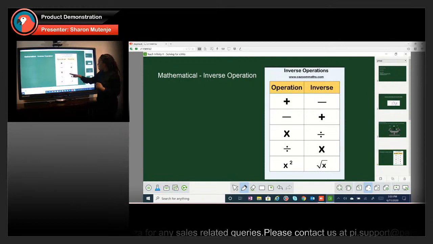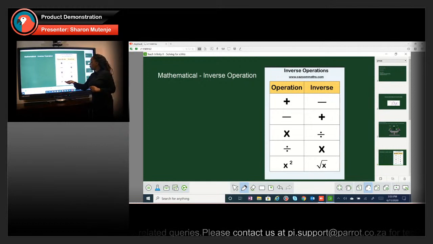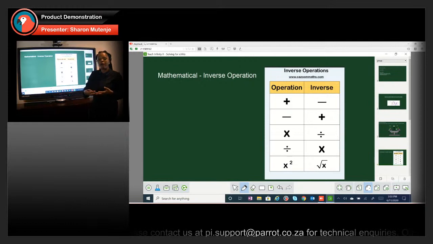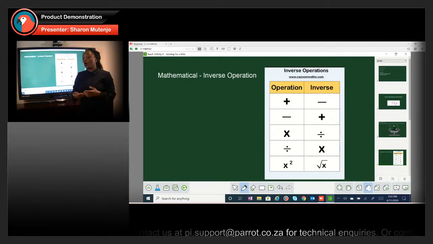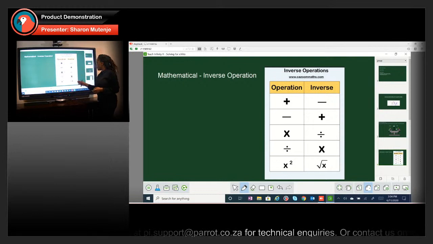Vice versa, the operation division, its inverse is multiplication. Also, the inverse of squared is square root. This is just a recap so that when we want to solve our equations, we can use the operations and their inverses.